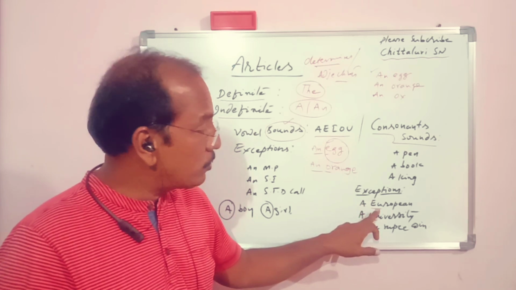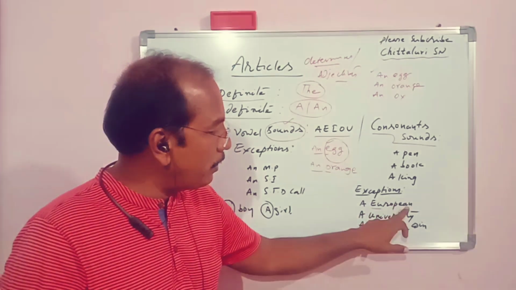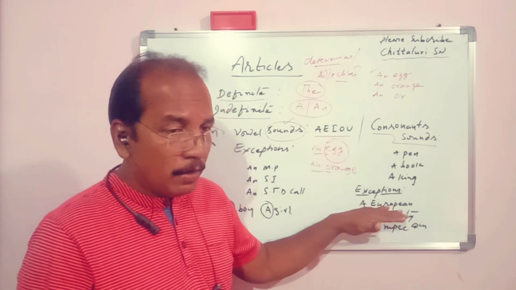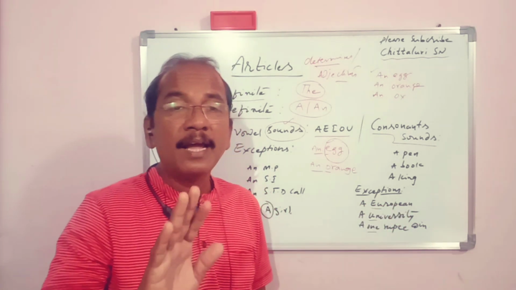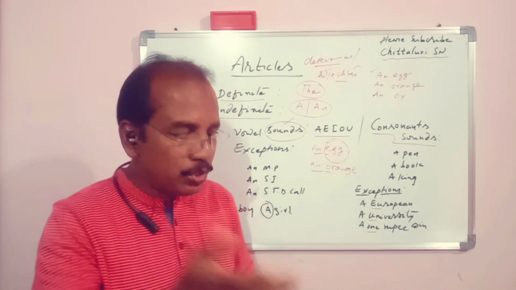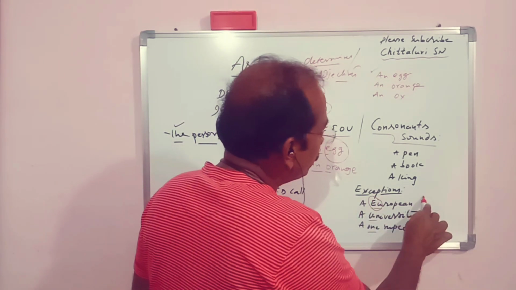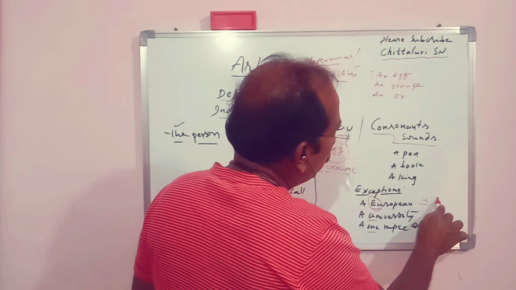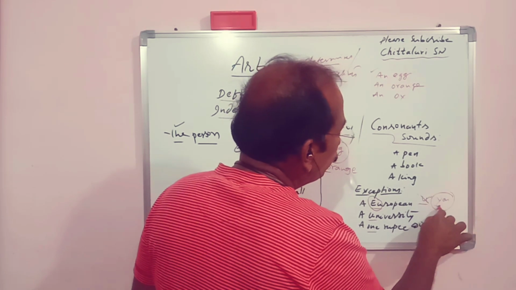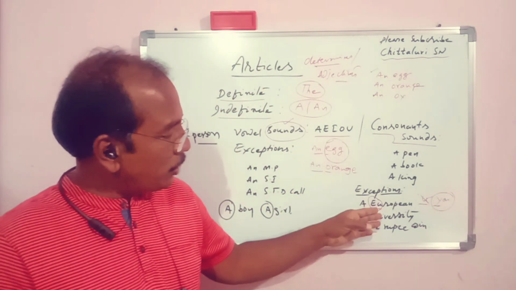Why? Because here, E-U-R-O-P-E-A-N starts with a vowel letter, but it doesn't have a vowel sound. European has a Y sound; the particular sound focused on in these letters is the Y sound, which is a consonant sound.